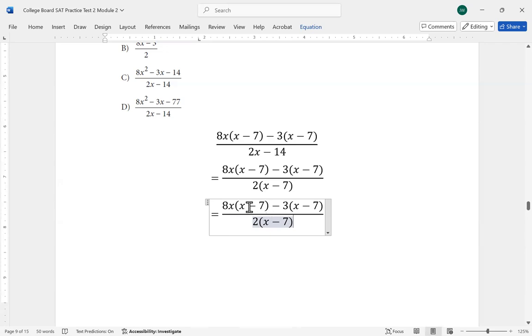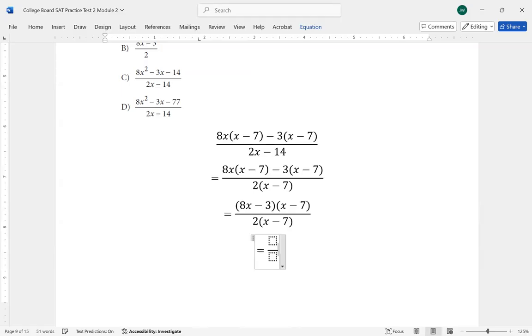Or you can think of it as factoring out a factor of x minus 7. If I factor out a factor of x minus 7 on the top, I'm left with 8x minus 3 times the quantity x minus 7. And then the x minus 7s can cancel out. So whichever way you want to think about that is fine.